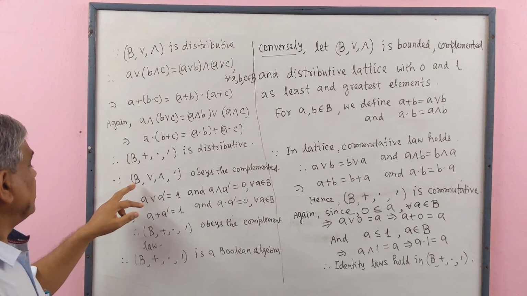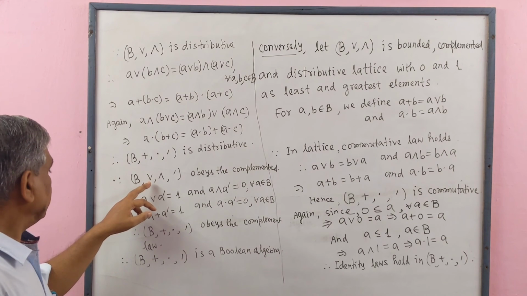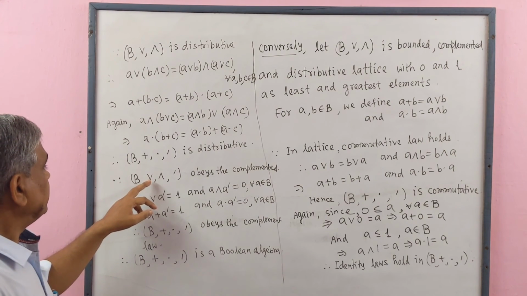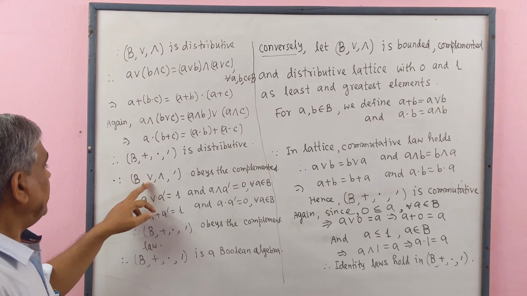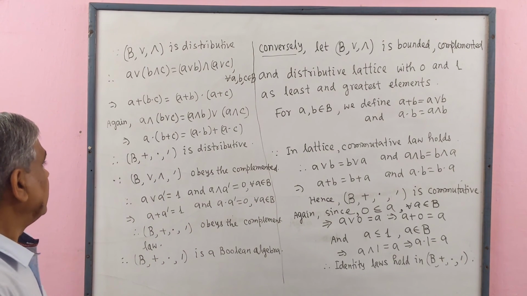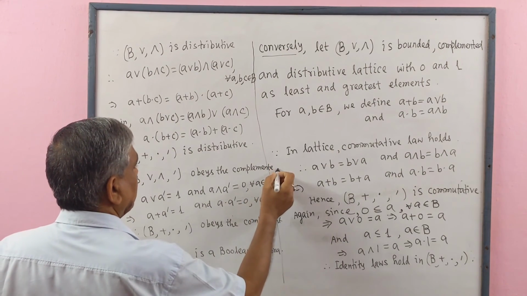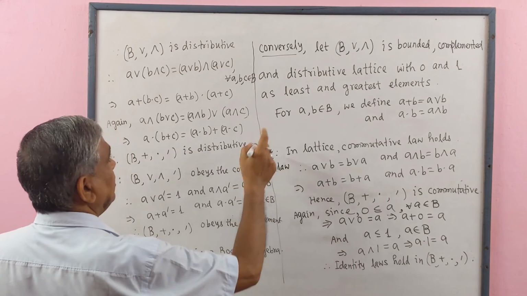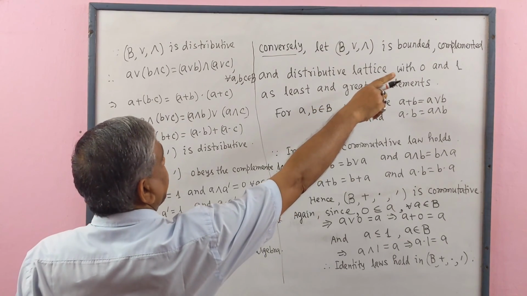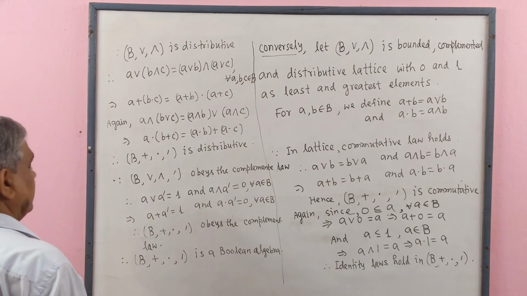Again, since B lattice with operation join, meet and complement obeys the complement law, since given that B is a bounded, complemented and distributive lattice.